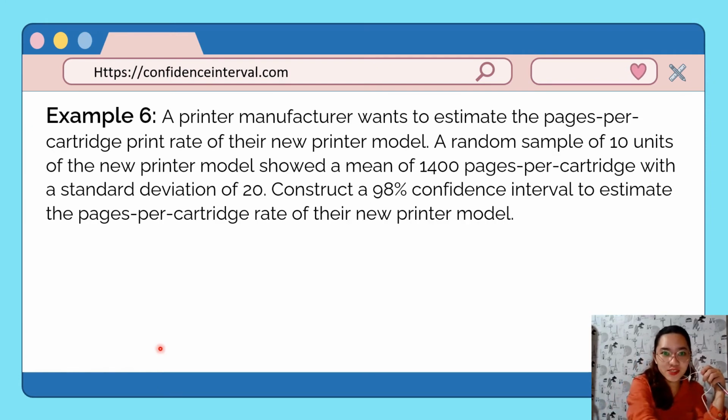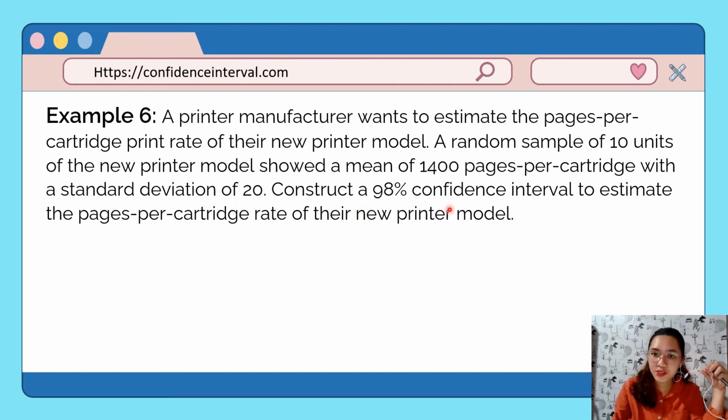Example number 6. A printer manufacturer wants to estimate the pages per cartridge print rate of their new printer model. A random sample of 10 units of the new printer model showed a mean of 1,400 pages per cartridge with a standard deviation of 20.